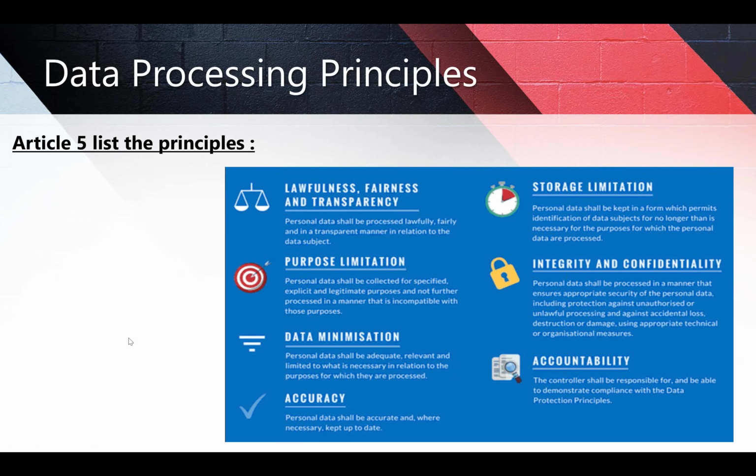So the data should have an expiry period. Let's say I need this data for another 6 months, then after 6 months the data should get deleted from all my records. That is called storage limitation. We cannot keep this data longer than we require it. Whenever our purpose is done, we should delete this data.